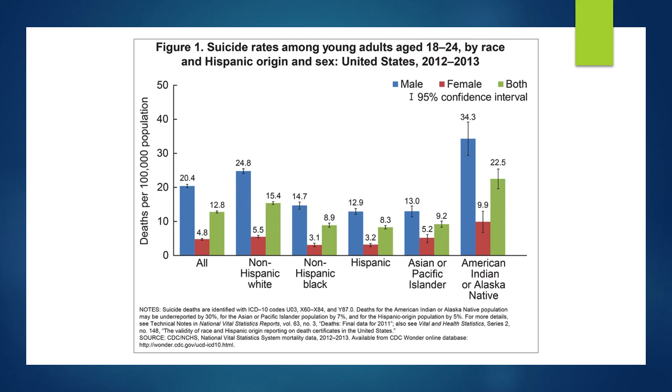Another interesting example of this, we tend to see higher suicide rates amongst white people than black or Hispanic groups, and even higher amongst American Indian or Alaska Native groups. What could be the social determinants here? Here's where cultural factors might be crucial.